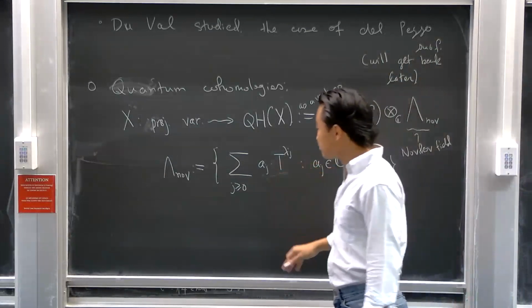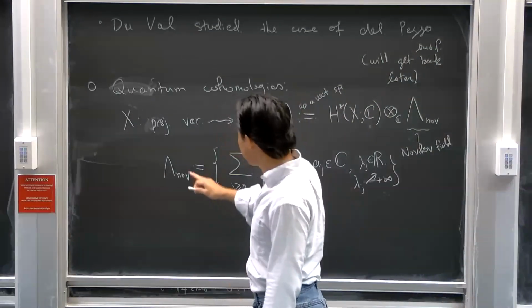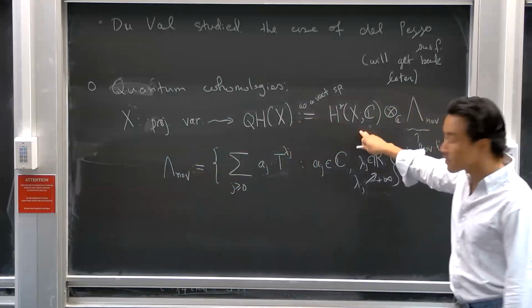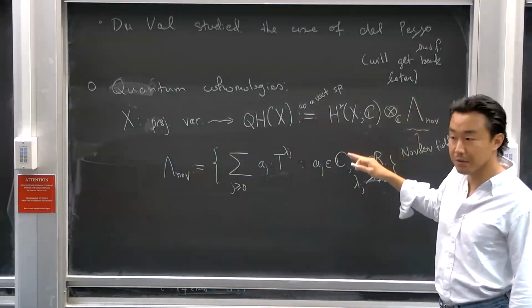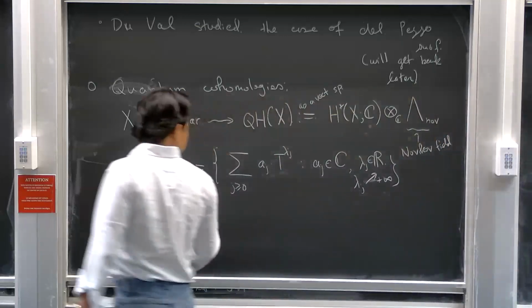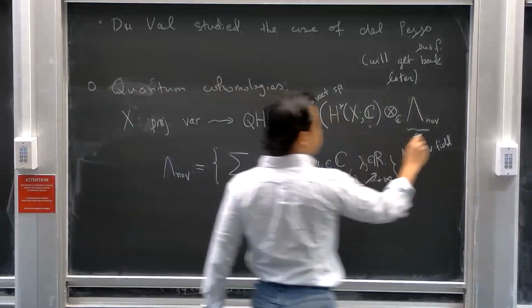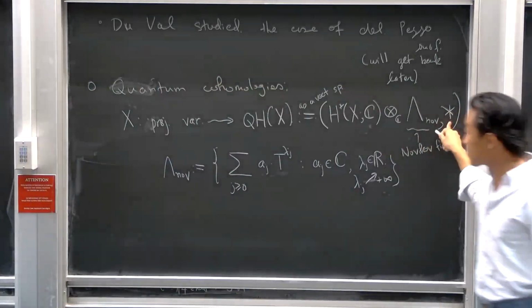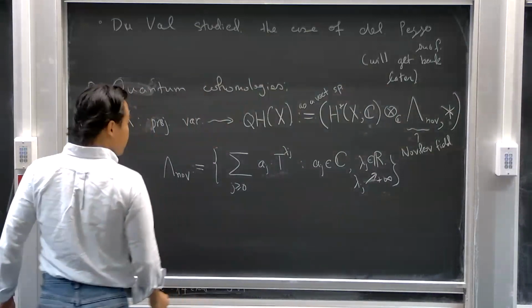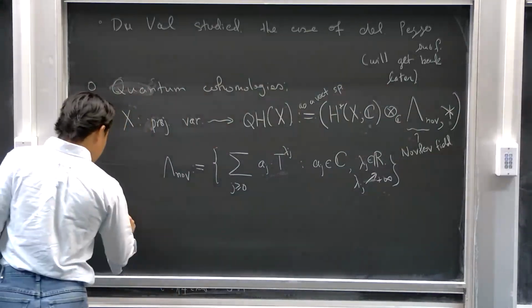As a vector space, it's just this homology, but it has a special product called the quantum product structure. So this star is the quantum product instead of the intersection product.